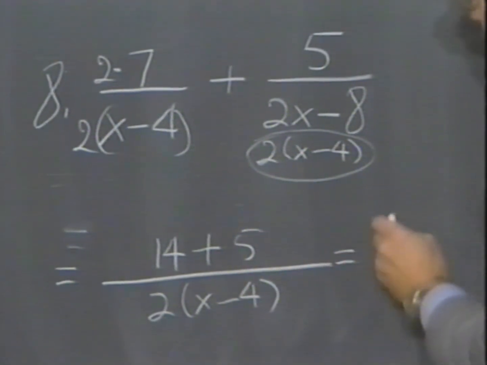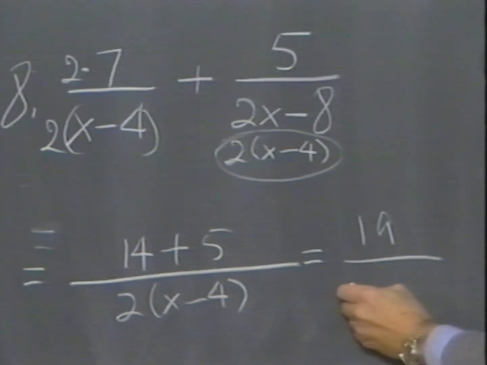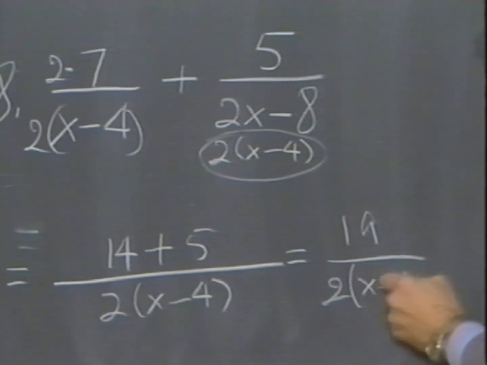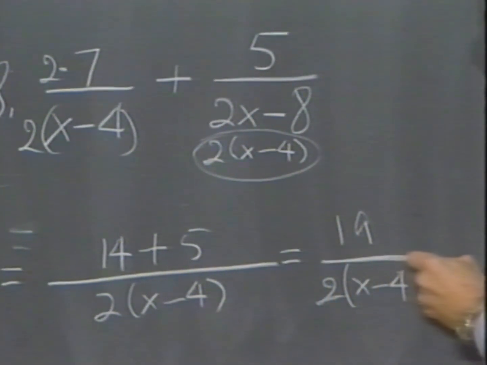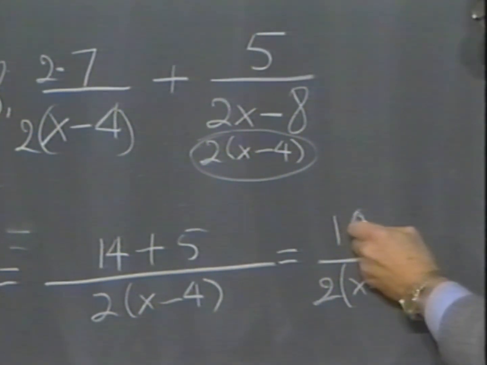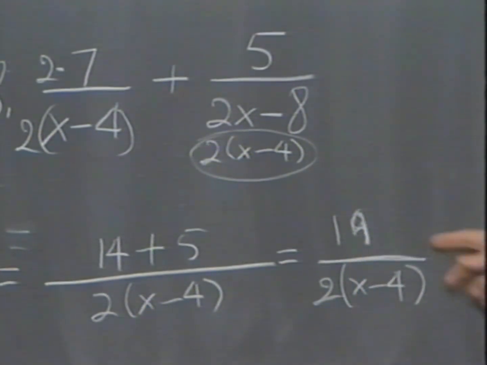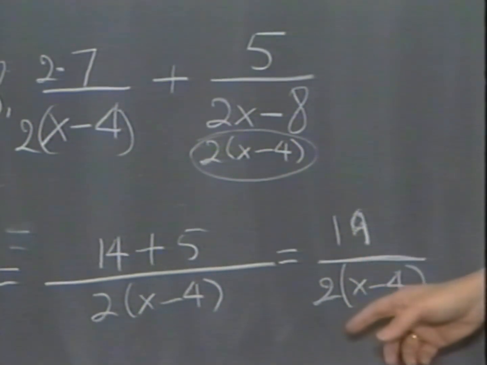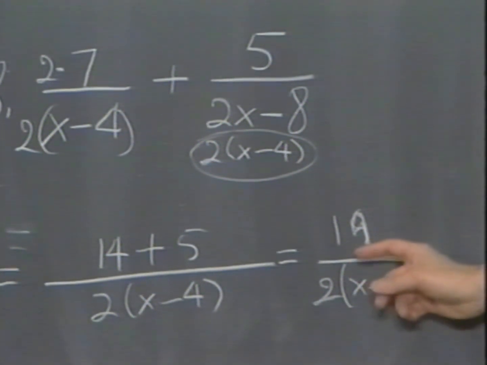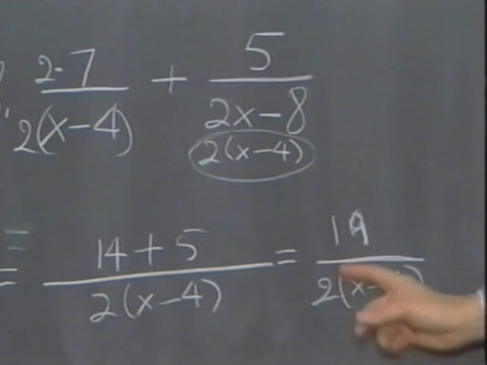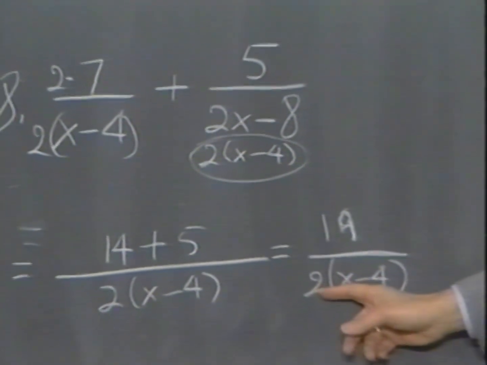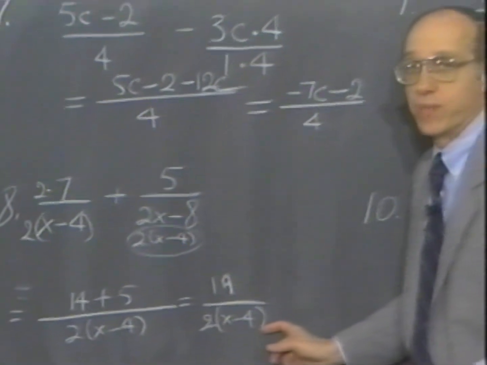So we simply have 19 divided by 2 times x minus 4. And the one advantage of leaving it in factored form here is that if there were a common factor in the numerator that I could divide out, I would see it immediately. Here I can see there is no common factor, and the answer is 19 divided by 2 times x minus 4.